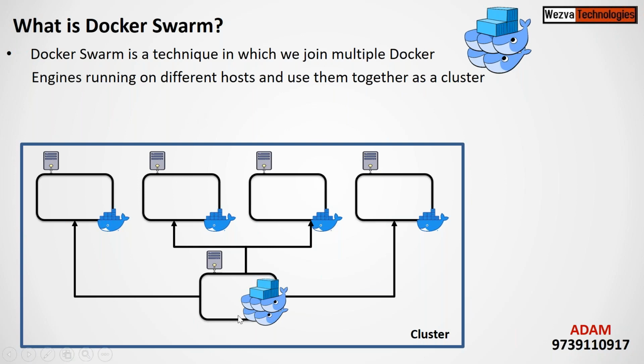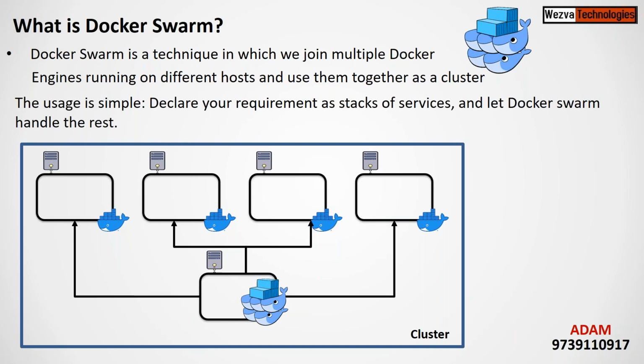And in that, we are going to do all the communications through one machine. Okay, so this is how we are going to work. So Swarm is nothing but a group of machines in which Docker daemon is running separately, and instead of going to each machine, you can just communicate everything through one machine. That is what we call orchestration. All right.